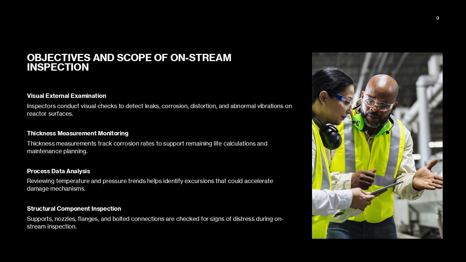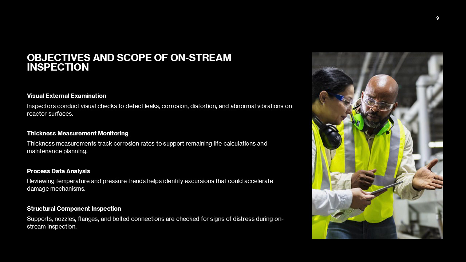Thickness measurements are taken at established thickness measurement locations to track corrosion rates and confirm remaining life calculations. Process data, such as temperature and pressure trends, are reviewed to identify excursions that could accelerate damage mechanisms. On-stream inspection also includes checking supports, nozzles, flanges, and bolted connections for signs of distress.